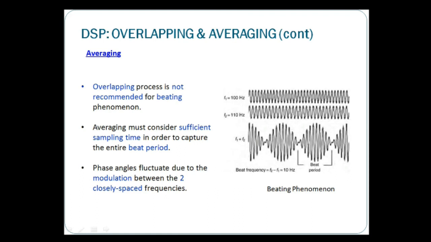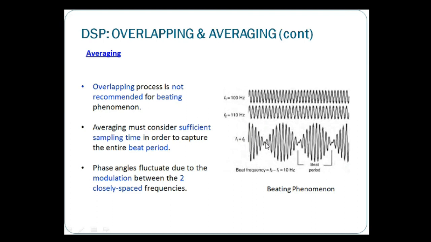So in this case, it is like an addition of two sinusoidals. When these two sinusoidals with very close frequency add together, it will give you some sort of vibration signal like this.